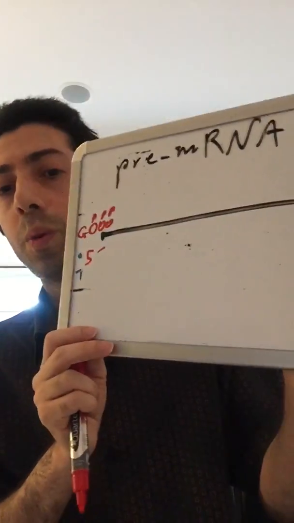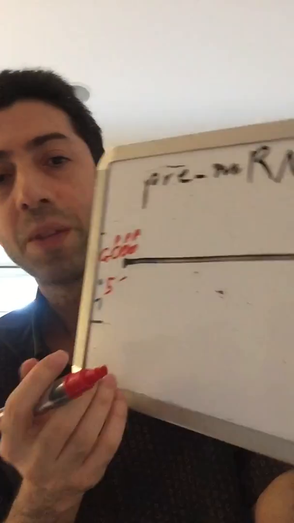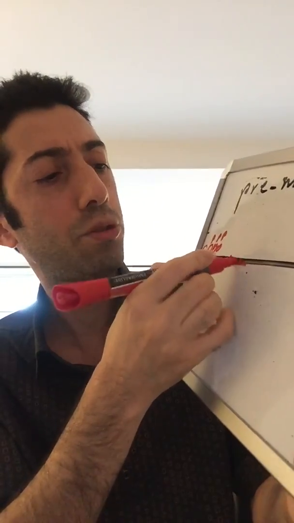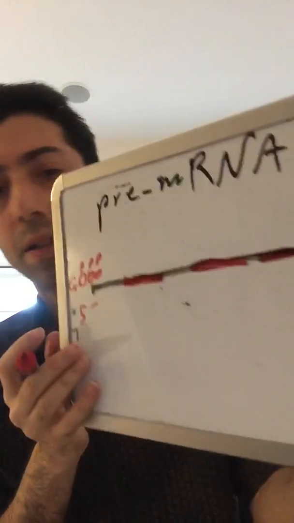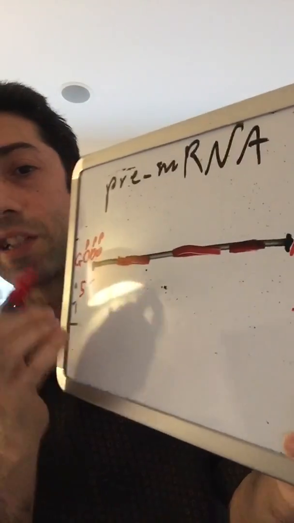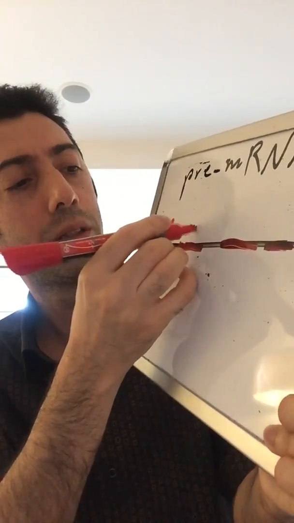All right. So here, when this is added, there is another modification. Remember, a gene has different parts. You have the parts that should be expressed for that part of the gene. They're called exons.